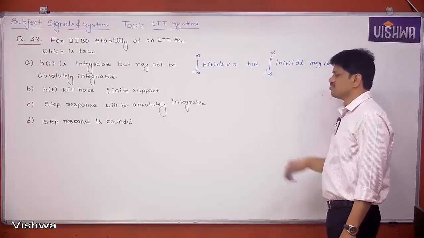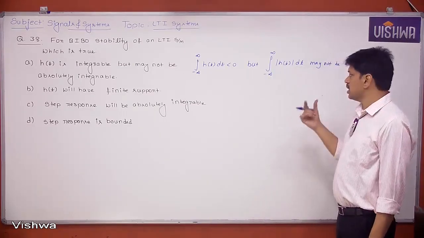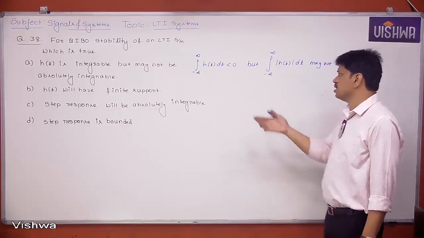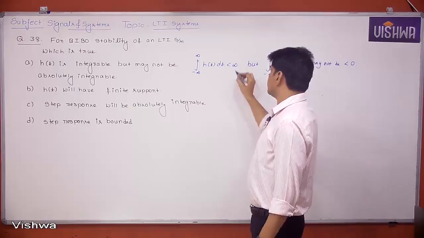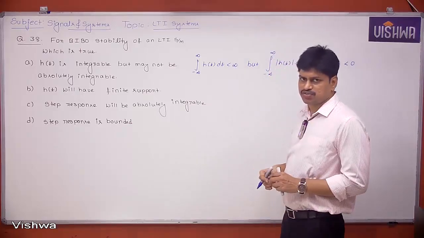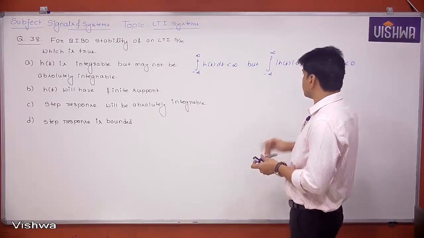But we require this one: the integral of mod h of t has to be less than infinity. Whether it is less than infinity or not for the plain integral won't make any difference for us. I hope you understood. So this is the condition that we require.